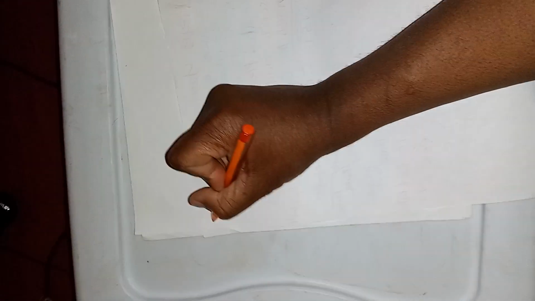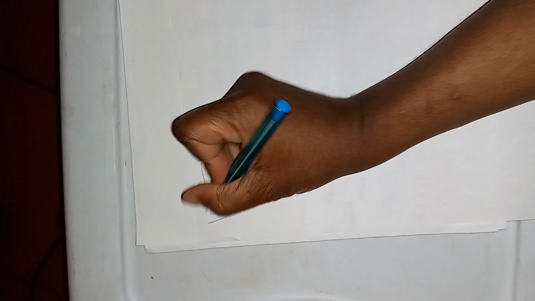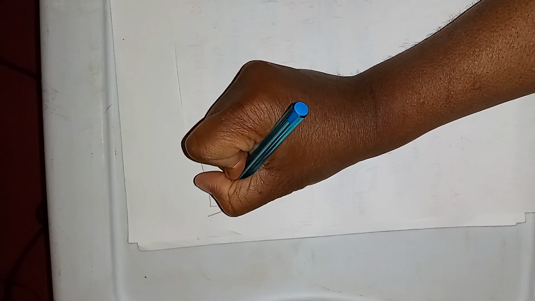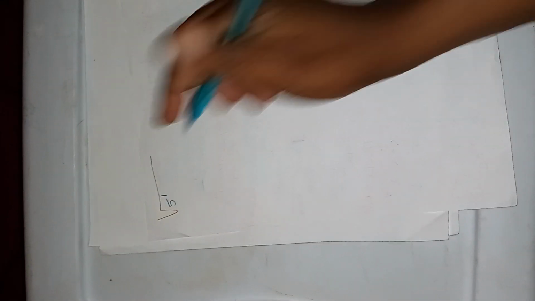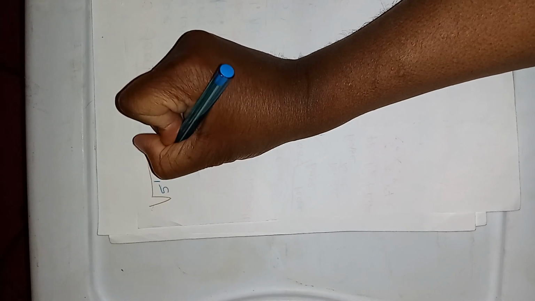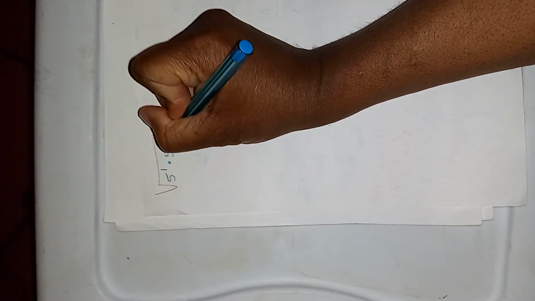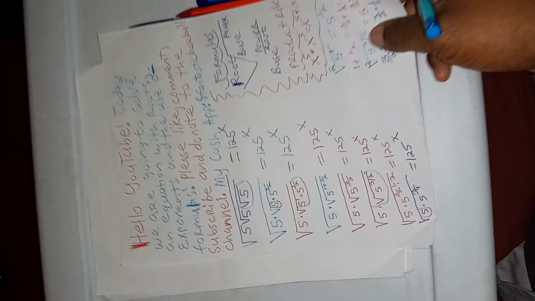So it's going to be the square root of 5 to the power of 1 times 5 to the 3/4 power is set equal to 125 to the power of x.